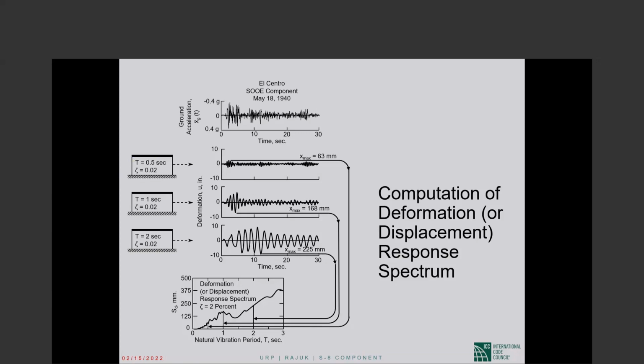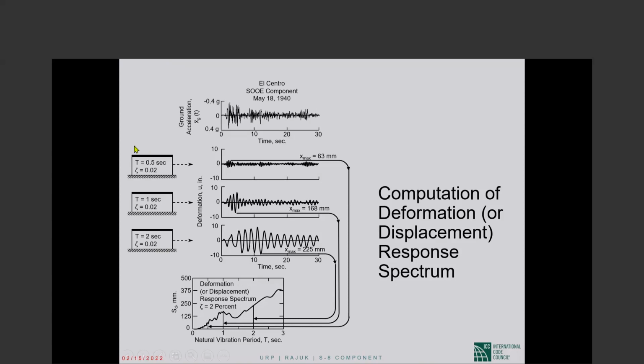The second single degree of freedom system is a very similar frame, mass concentrated at the roof level, and we are allowing only lateral translation of the mass. The mass can move right to left and nothing else. The period of the second system is 1 second, and the damping is still 2% of critical. The third frame has a significantly longer 2-second period, and the damping is still 2%.